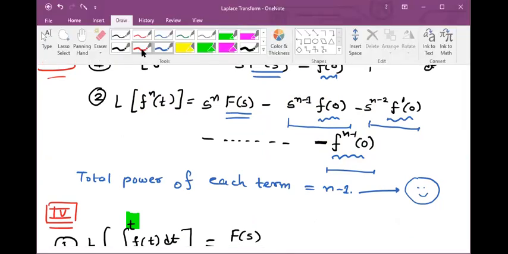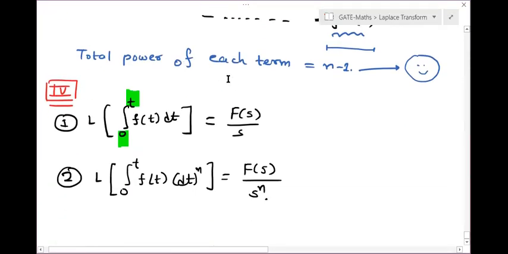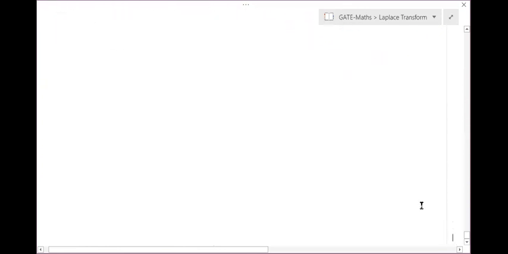Now let us see examples based on it. Okay. So these properties are clear. You can remember these properties with a few thumb rules.